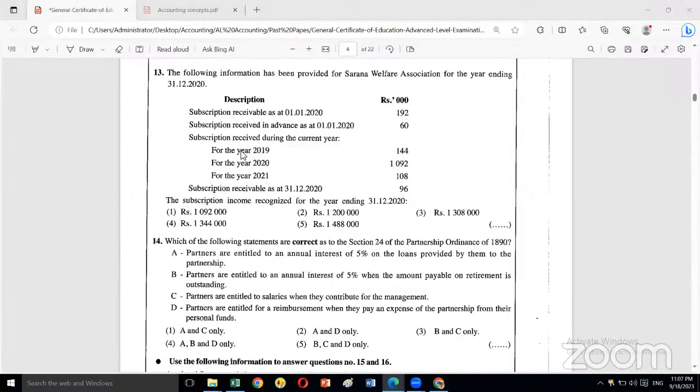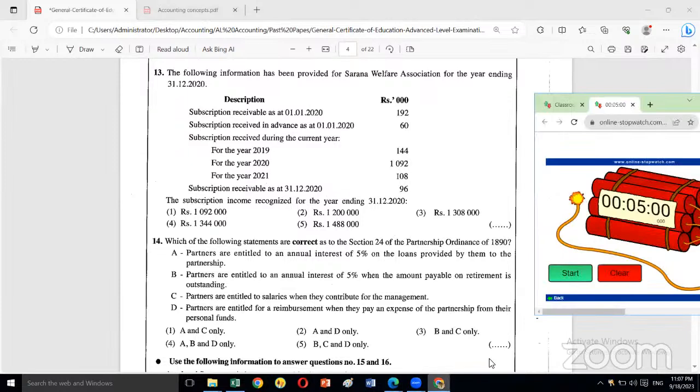I'll start the timer. Five minutes; 13, 14 and 15 are enough. If you can, try the 16.